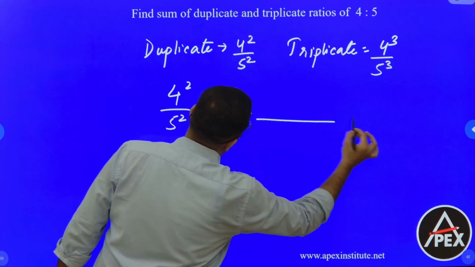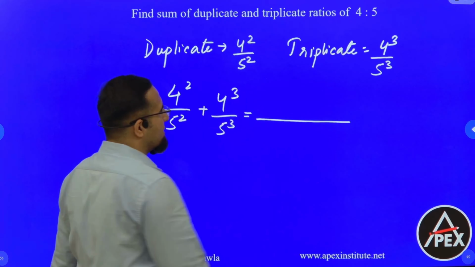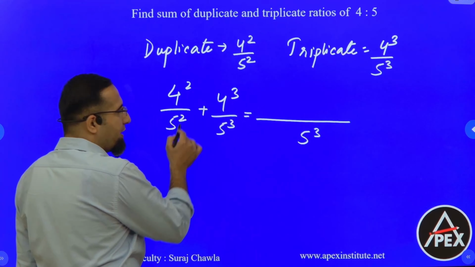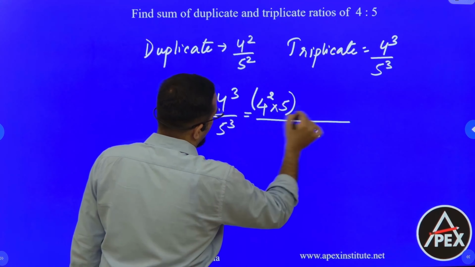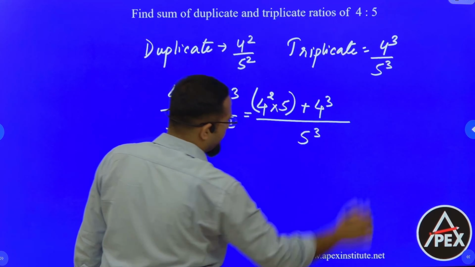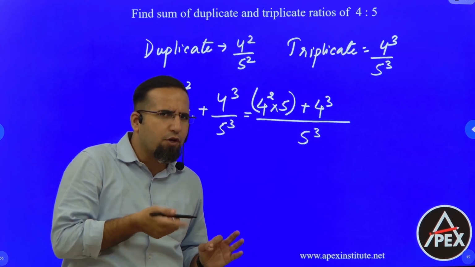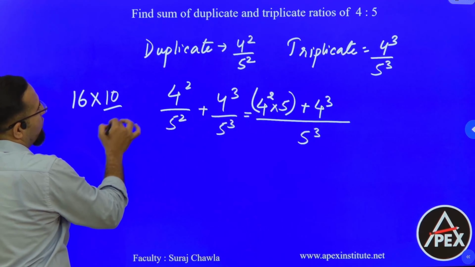Now can you please tell me what is going to be the LCM here? So 5 square and 5 cube, that means the LCM is going to be 5 cube. Clear? I already have a 5 square here. So this part becomes 4 square into 5 plus 4 cube. Clear? So what is 4 square? 4 square is 16. What is 16 into 5? Remember 16 into 5 can be solved as 16 into 10 by 2.